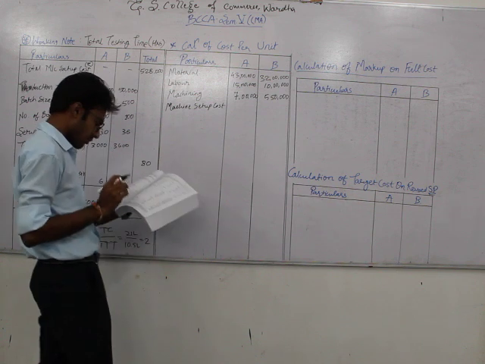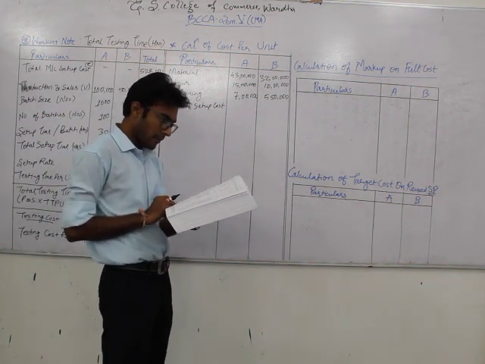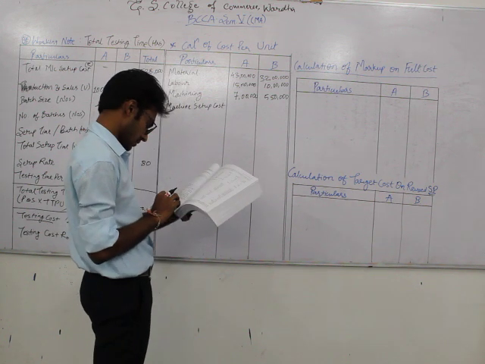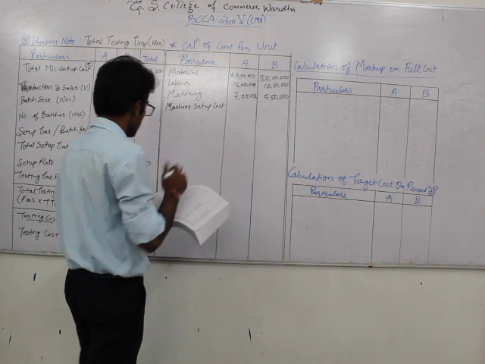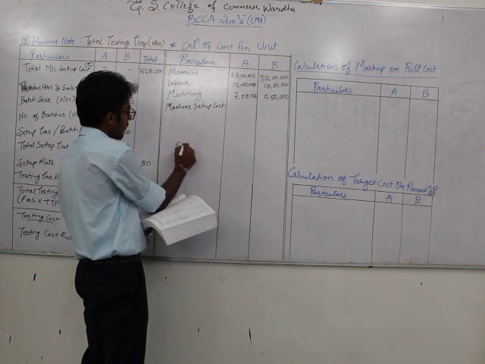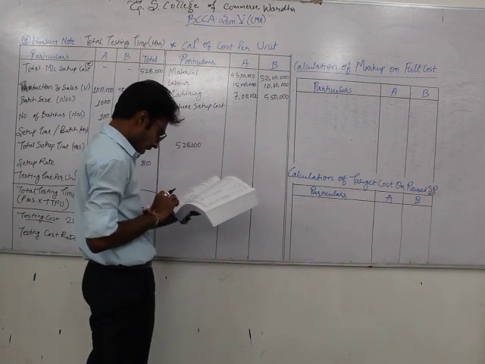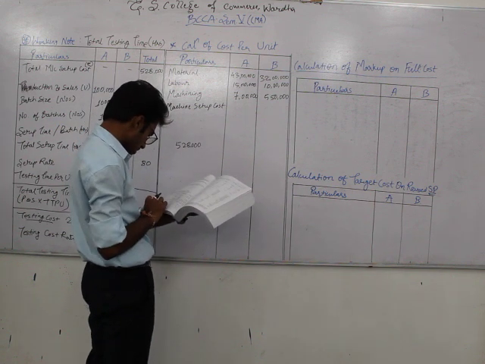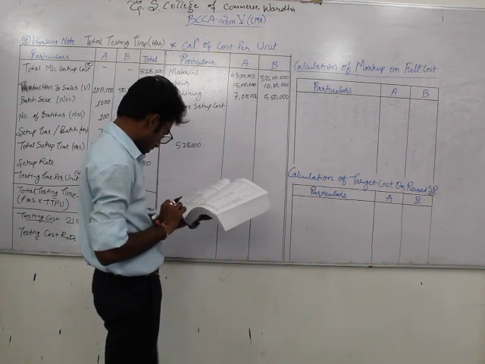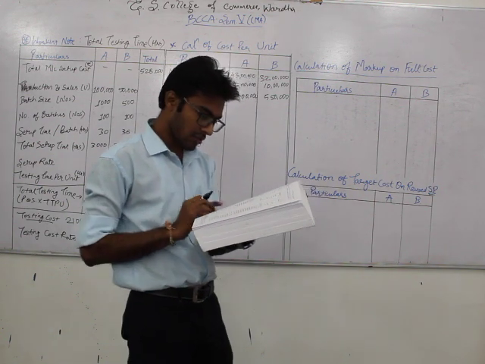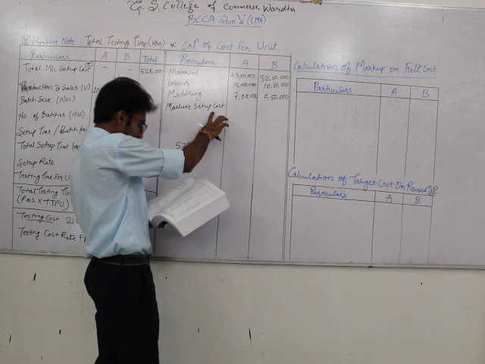And machine setup cost can be calculated by this: your total machine setup cost is 5,28,000. Give your concentration here. We are finding machine setup cost.